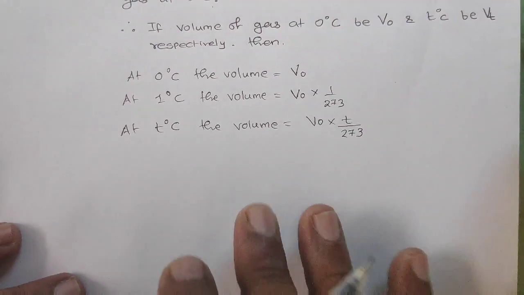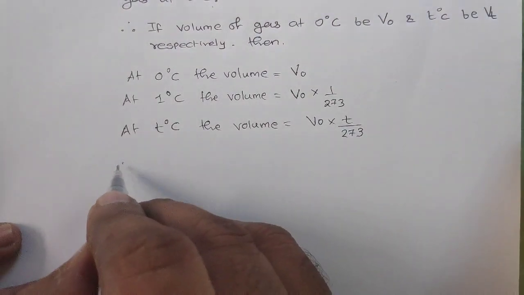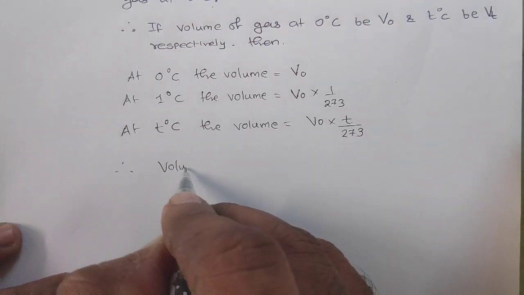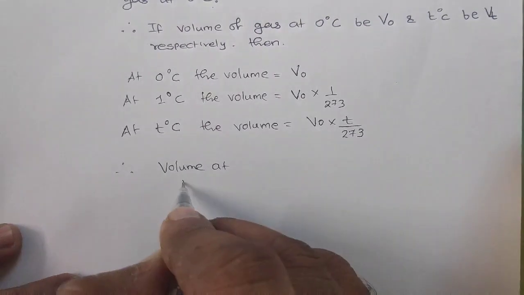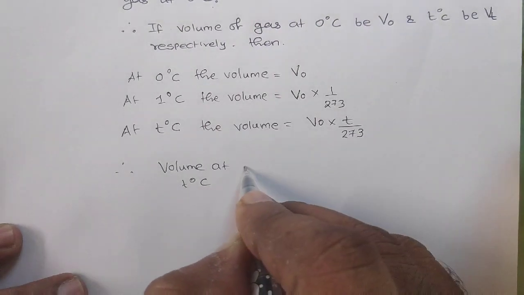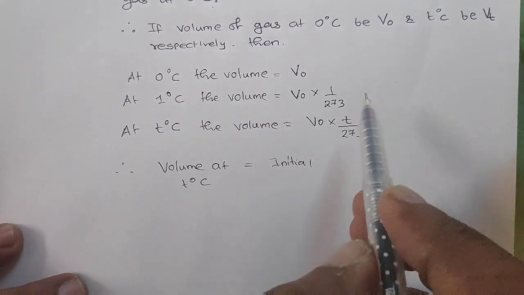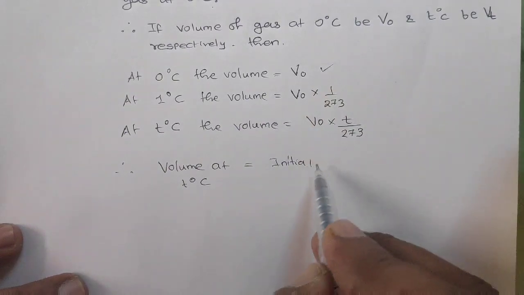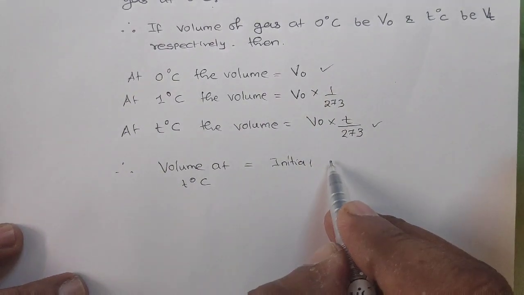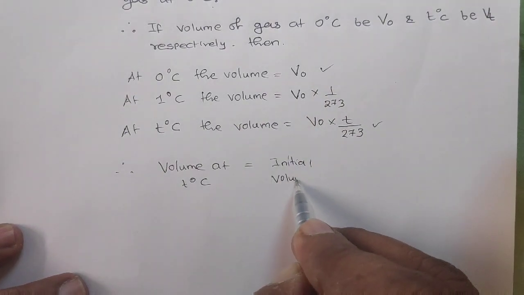Therefore, if you want to find the volume at T degrees Celsius, we will take the initial volume, which we call V0, plus the increase in volume.